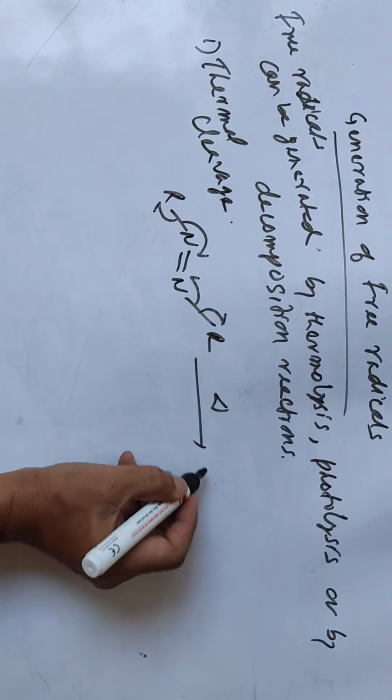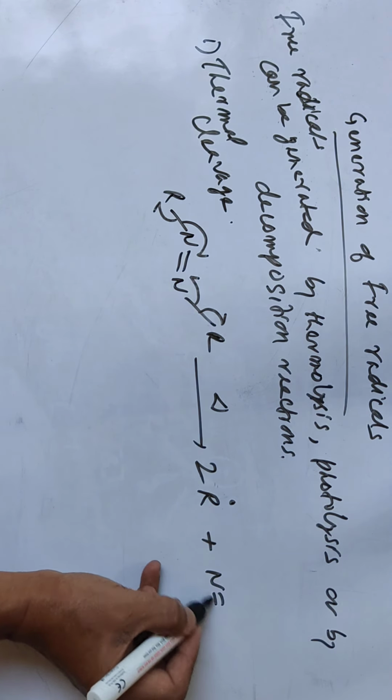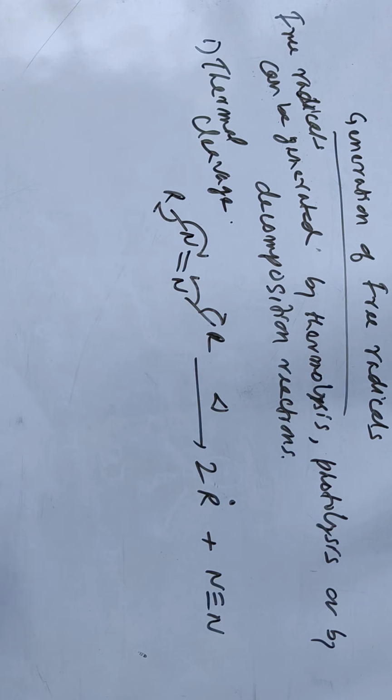So here we get 2 R radicals plus nitrogen. By heating at high temperatures, thermolysis, thermal cleavage takes place. So it is homolytic cleavage.